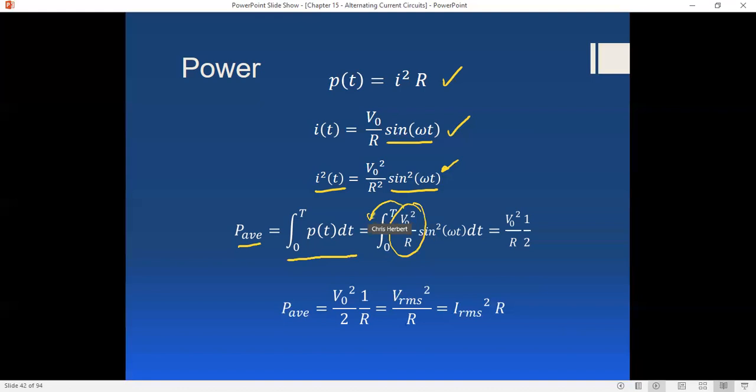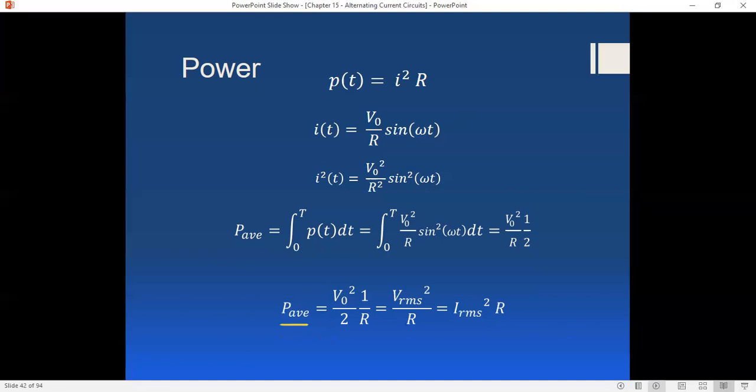We're going to integrate sine squared, and if you integrate sine squared, you find out that it's actually equal to something very simple. It's actually just equal to 1/2. So what this tells us is that the average power is actually going to be 1/2 the peak power.